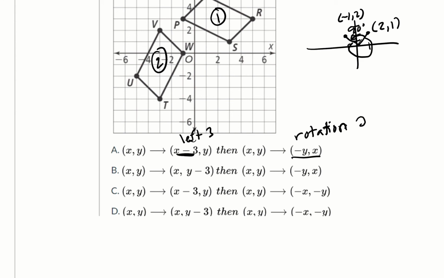Or we can rotate it 270 degrees clockwise to get this answer. So basically this is a rotation 90 degrees counterclockwise.